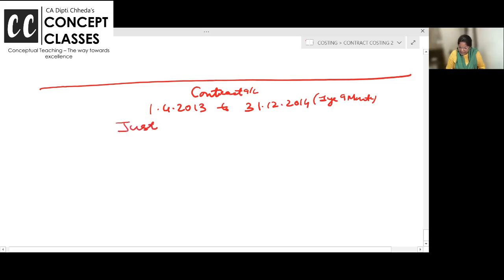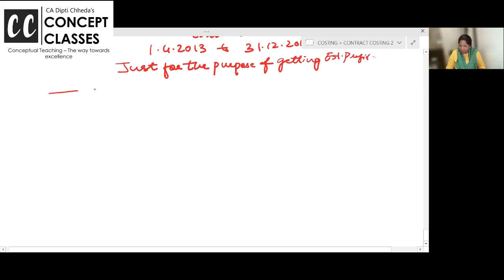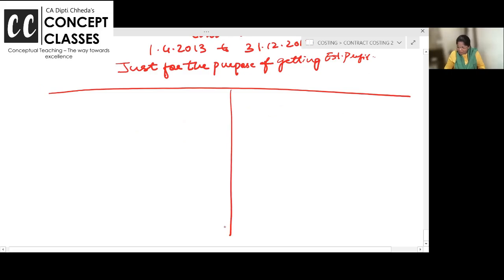You can write like this: just for the purpose of getting estimated profit. Now we will take it all, combine for both periods.